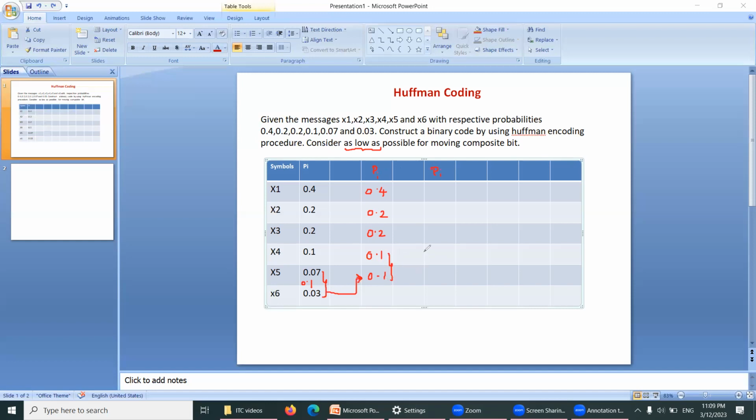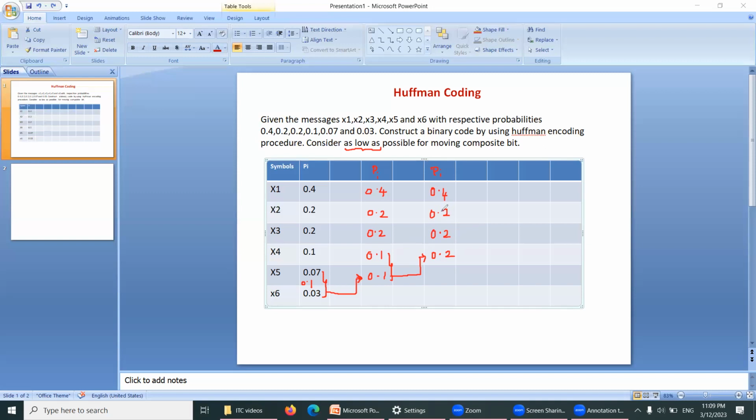I cannot place this 0.2 above these two probabilities because in my problem they have given place as low as possible. So 0.4 stays, this 0.2 will be in its place, this 0.2 also in its original place, and the combined probability I place here, 0.2. Clear?